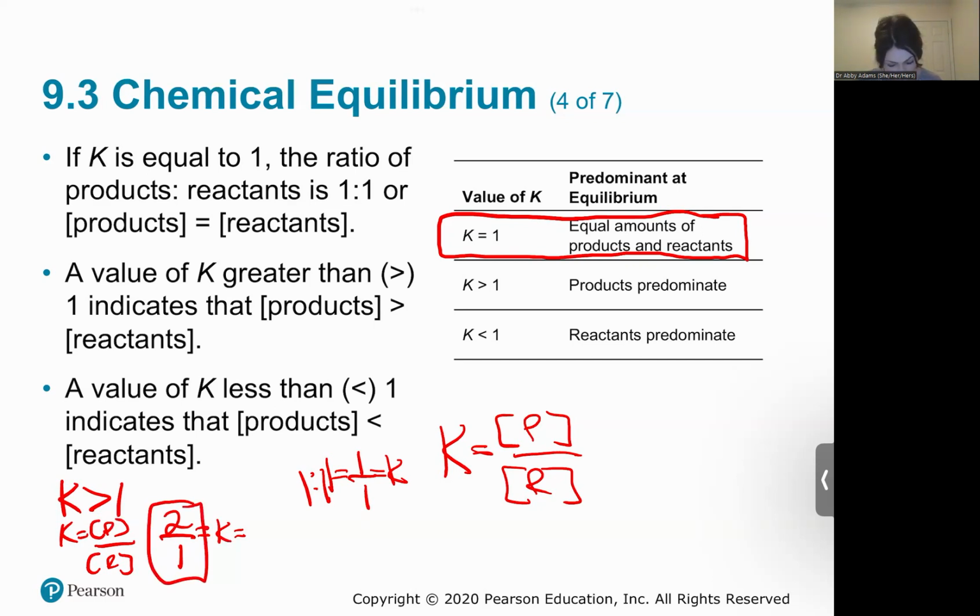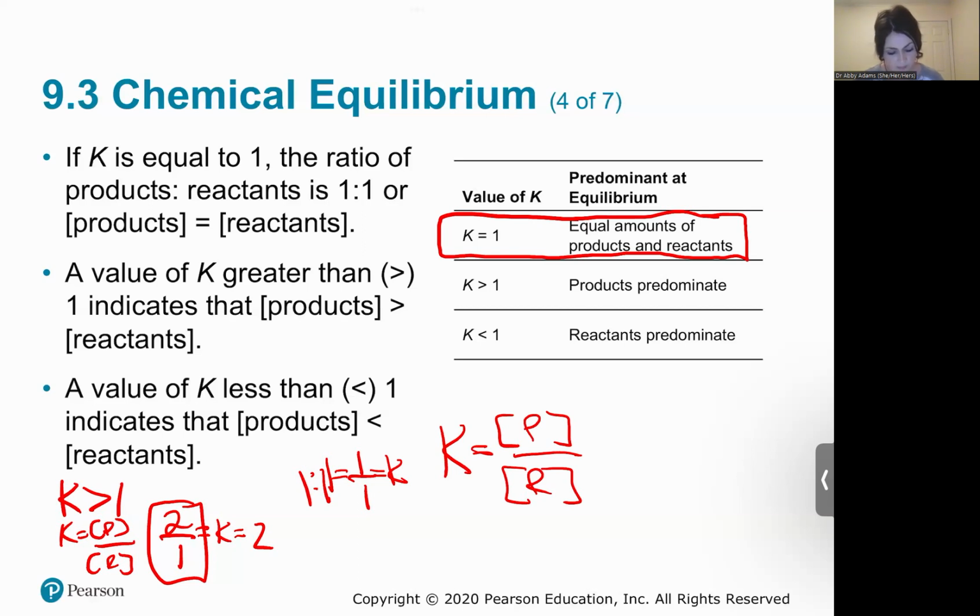So 2 is greater than 1, right? So if you look at what that number is in reference to 1, it tells you how the products relate to the reactants, if they're larger or smaller, right? Because based on what's in the numerator or denominator, you'll get an answer that's greater than or less than 1.